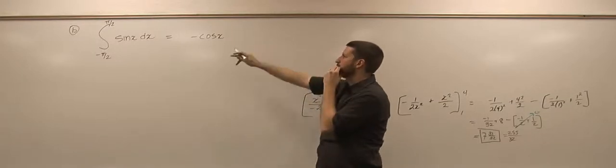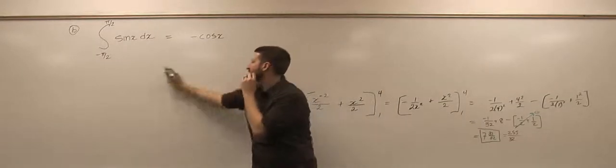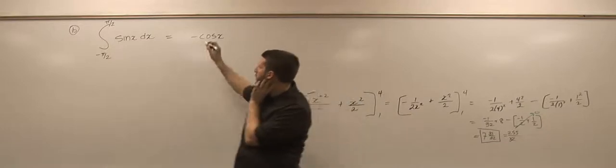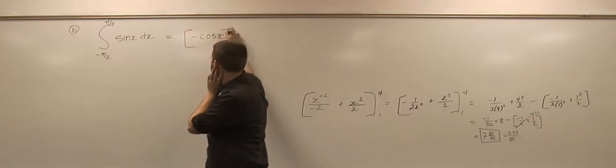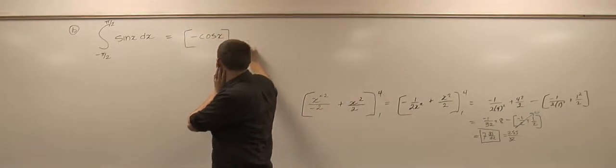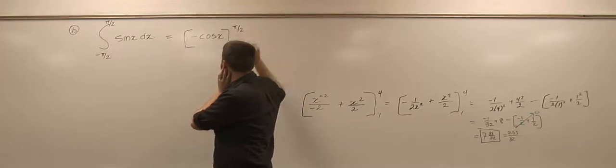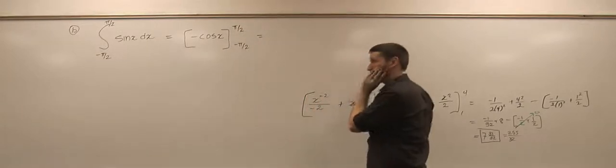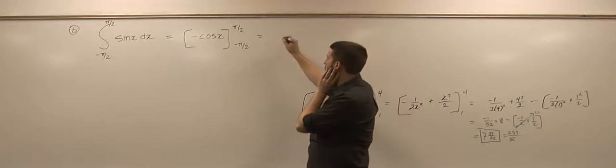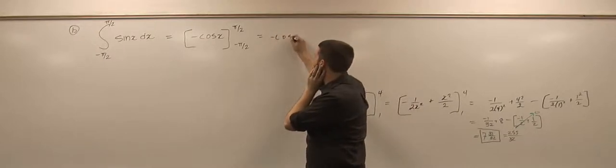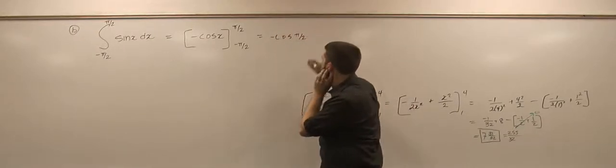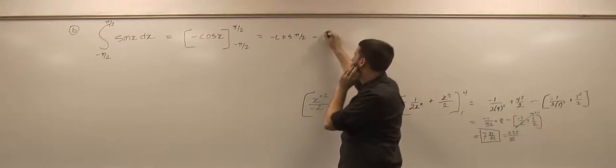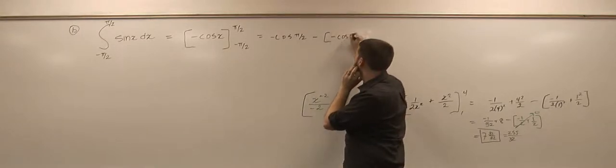The derivative of cosine is negative, so this negative will cancel. But we have to evaluate this from negative pi over 2 to pi over 2. So we'll get negative cosine of pi over 2 minus negative cosine of negative pi over 2.